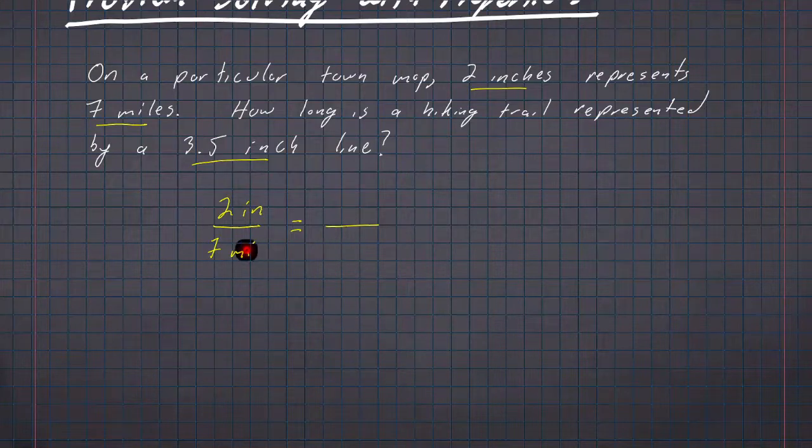This spot is related to 7 miles. Well, 3.5 inches is a measurement on the map. 2 inches is also a measurement on the map. So my numerator needs to be just measurements on the map. I know that 3.5 inches needs to go there.